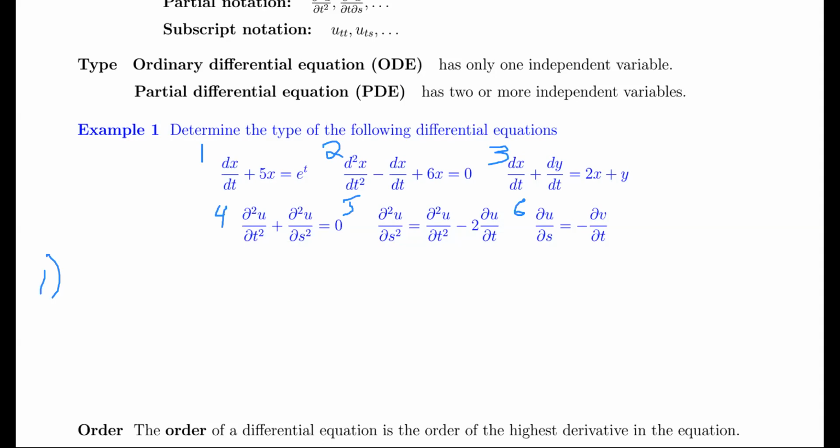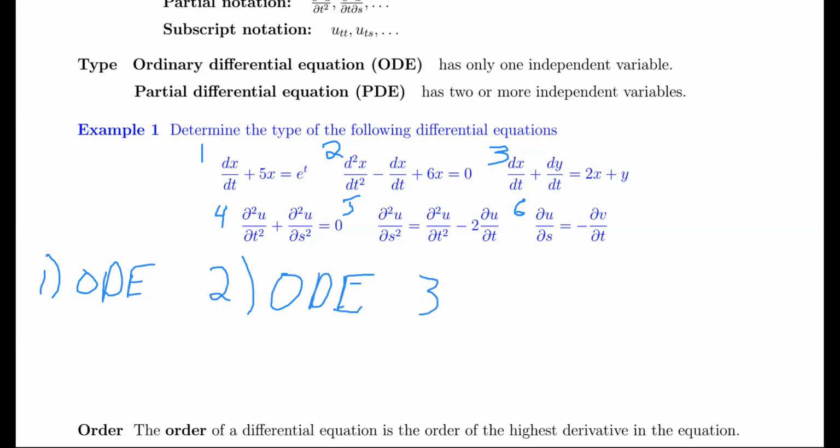Notice that we just have one independent variable t here, even though we have a function of t, and then we have our dependent variable x. We only have one independent variable, t, so this is an ODE. Number 2. Again, we have x and t as our variables, but only one independent variable, t, so this is an ODE.